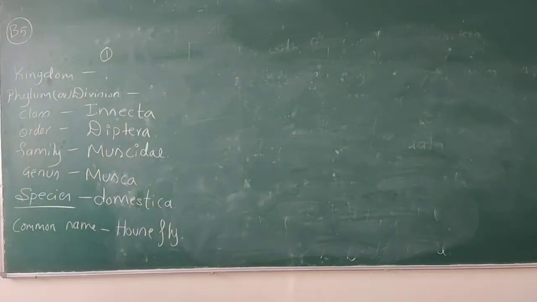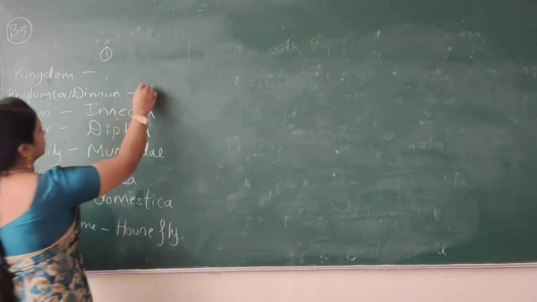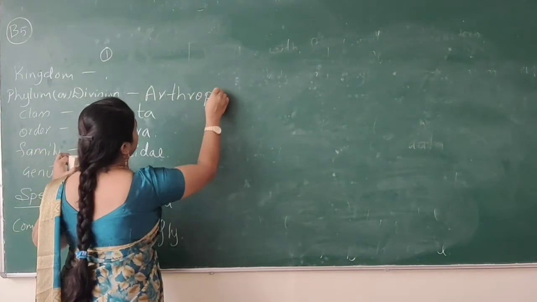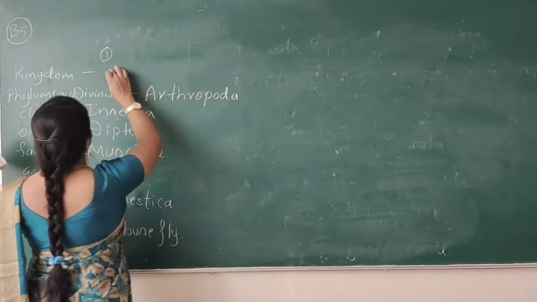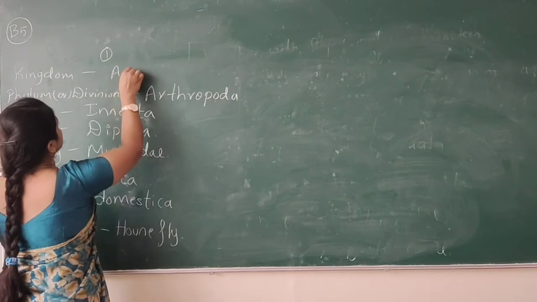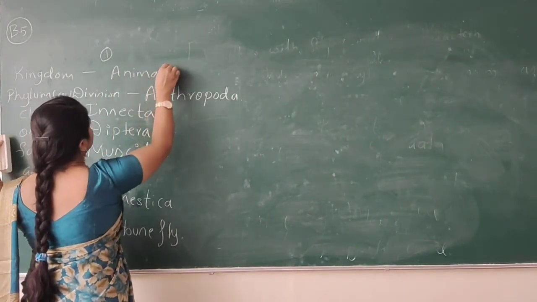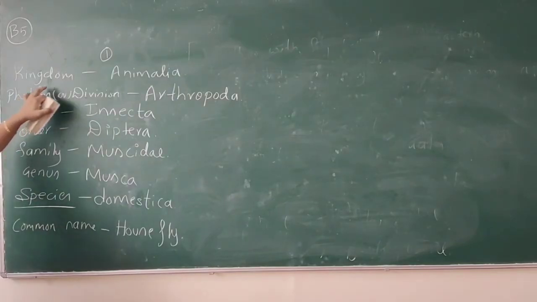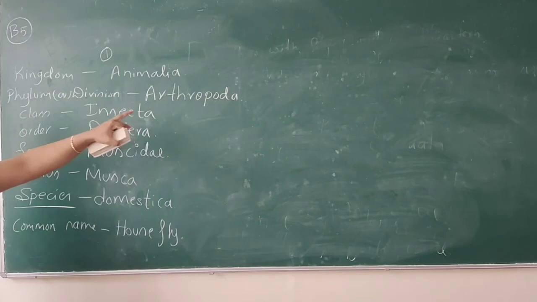And this Musca domestica or housefly belongs to the phylum Arthropoda and kingdom Animalia. Though it is an animal, it belongs to the kingdom Animalia. Phylum Arthropoda.